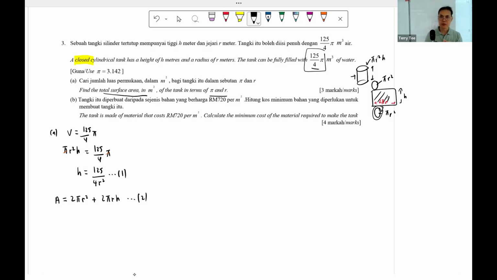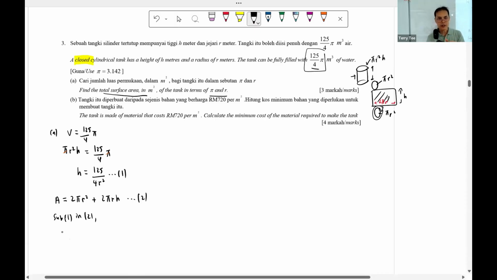Equation number 2. Now I'm going to substitute equation 1 into equation 2. The moment you substitute, don't write h, write 125 over 4r squared. Can we cancel this? Cancel 4 and 2, left with 2.